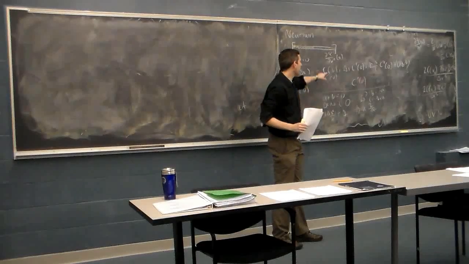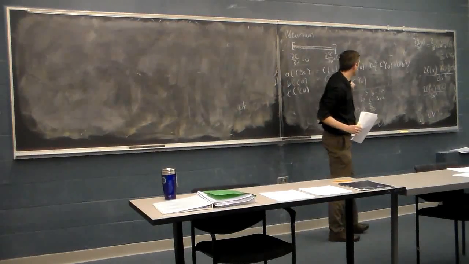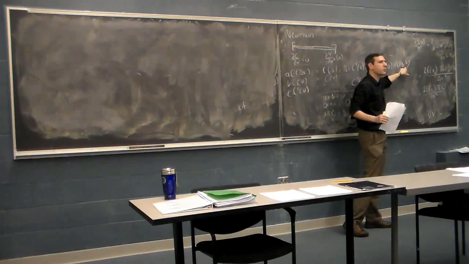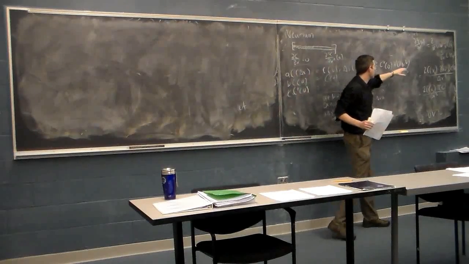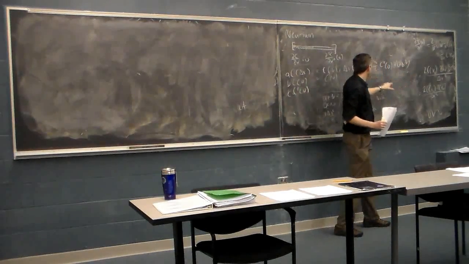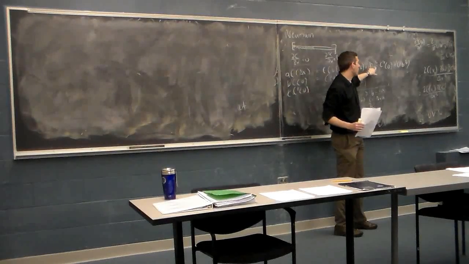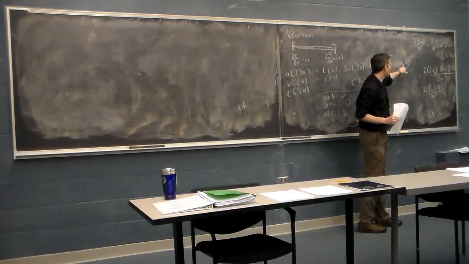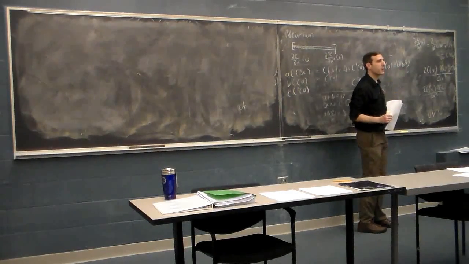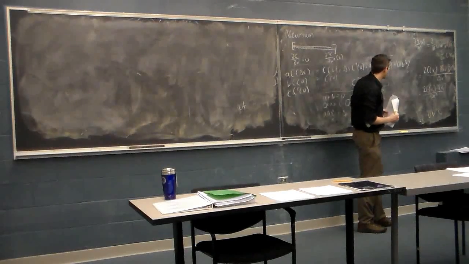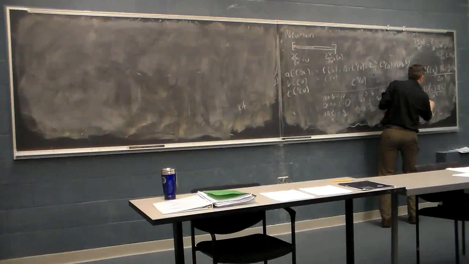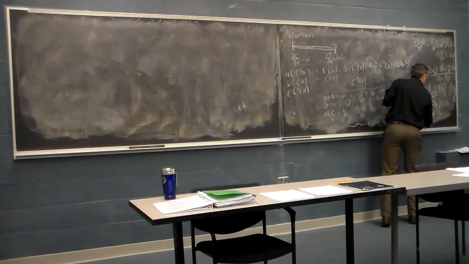We had picked A, B, and C so that we cancel out these terms, but we don't cancel out this one, and since we've got this order delta x cubed term left in from A, that's going to be the error term, except that we then divide through by delta x squared over 2 to make this exactly C double prime of x. So the error is going to be delta x cubed divided by delta x squared, or delta x. So this is an approximation to d squared C dx squared at 0 with an error term that is order delta x.